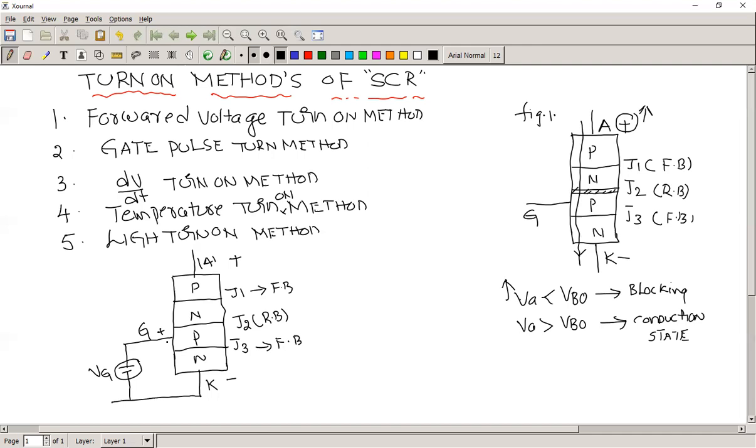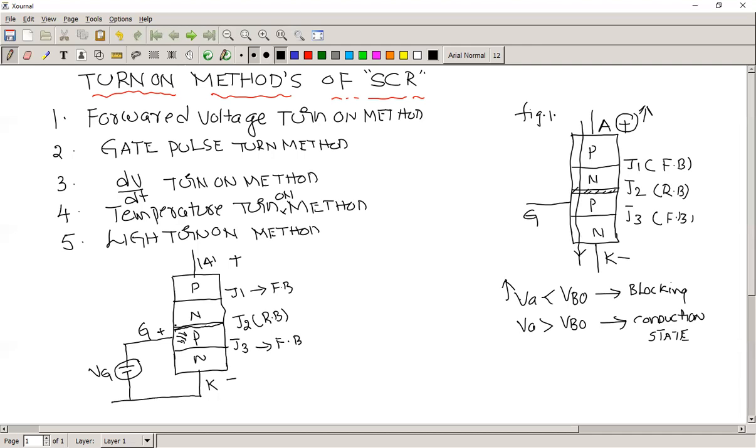Whenever we are applying a gate voltage, it injects some amount of charge carriers, nothing but electrons, into the inner p region. Here the depletion layer, nothing but junction J2, is there.